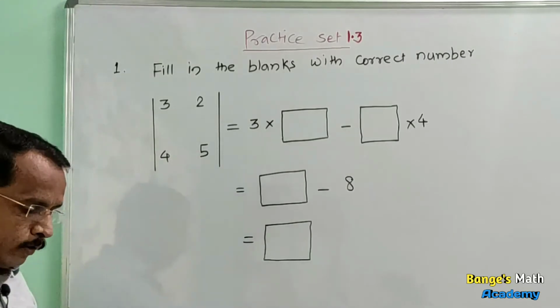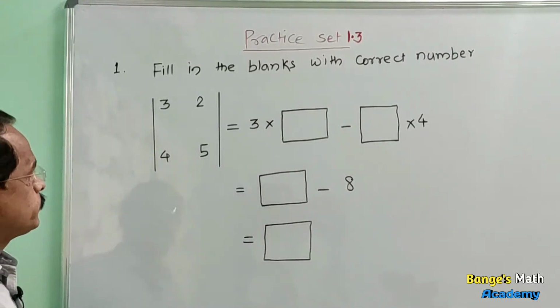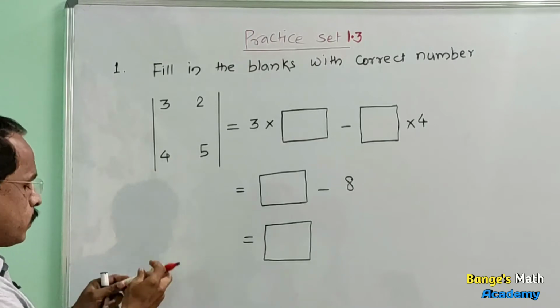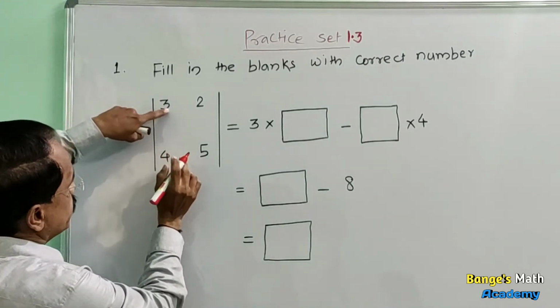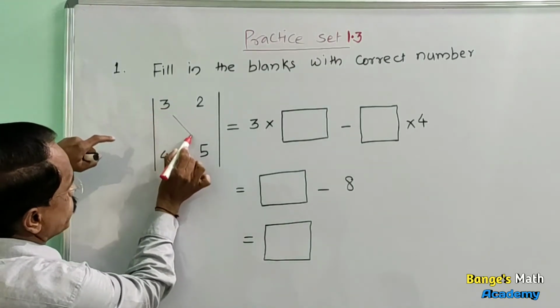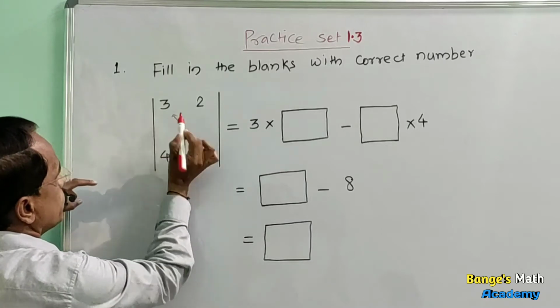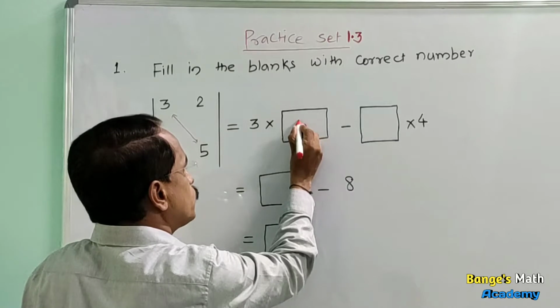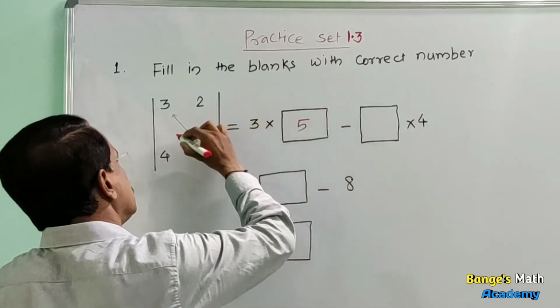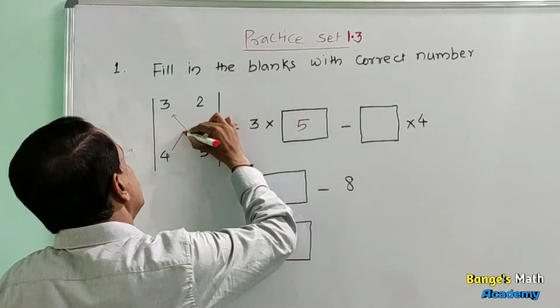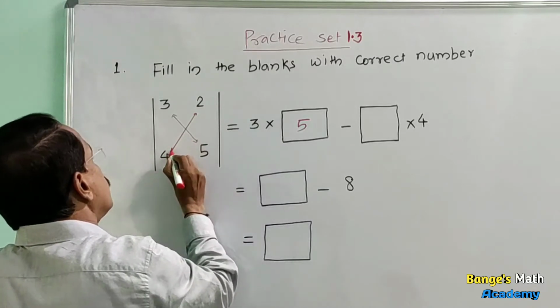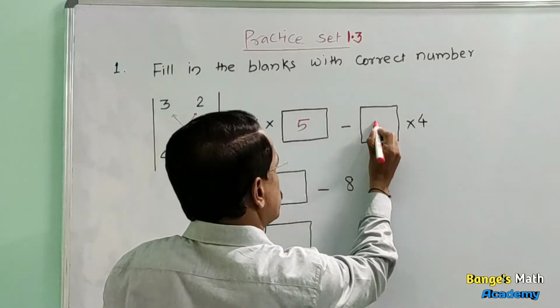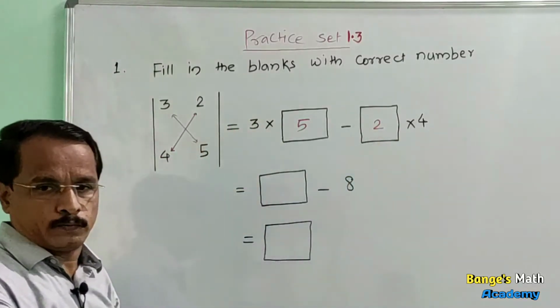To find the value of this determinant, first of all, take the multiplication of 3 into 5, minus the multiplication of 4 into 2, or 2 into 4.